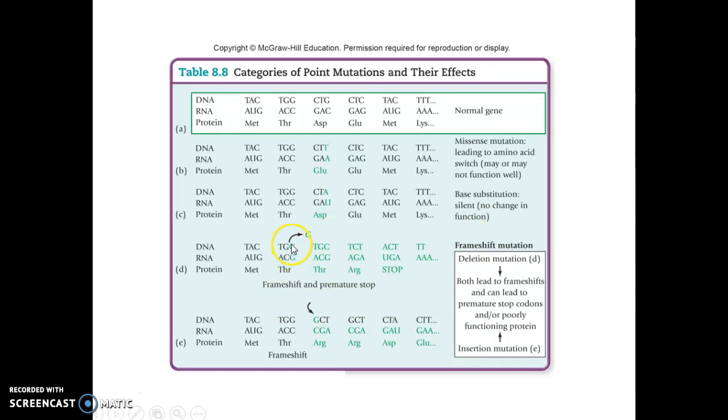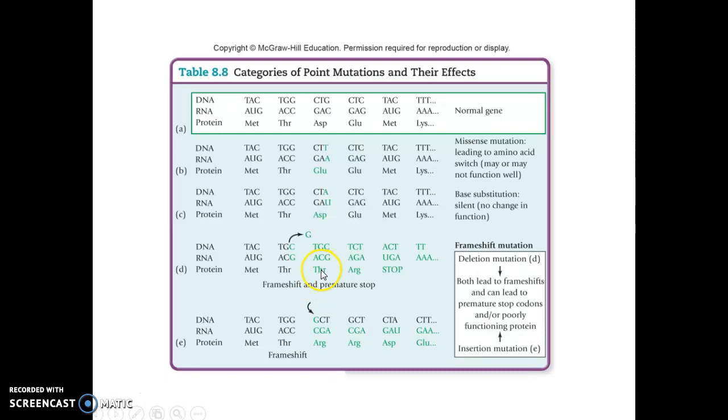Now, here, in this sequence, you're pulling out this guanine. All right, so instead of being TGG, CTG, you have what is now TCC, that G gets taken out. And so when the amino acids are being added, it still is adding a threonine like it does up here in the normal spot. But everything from here on out is altered.